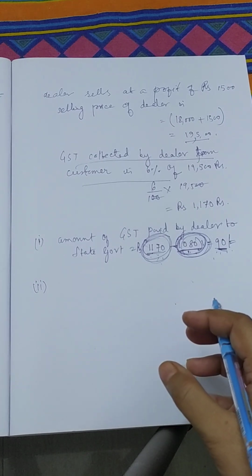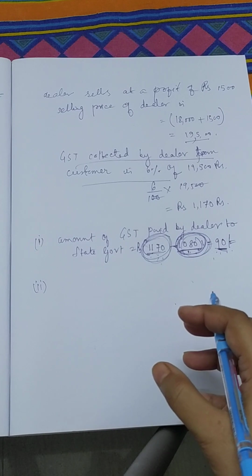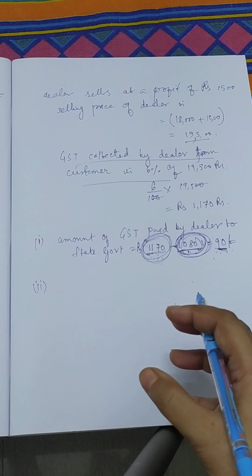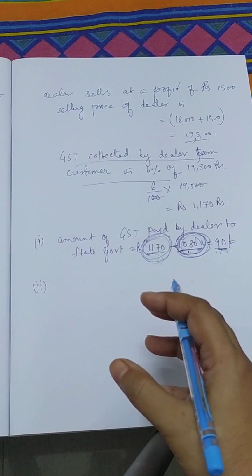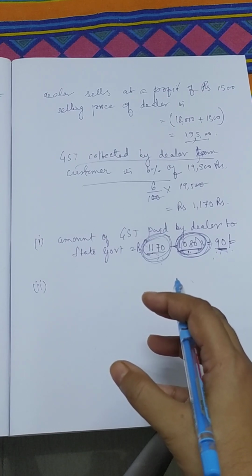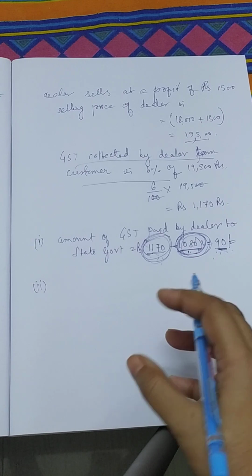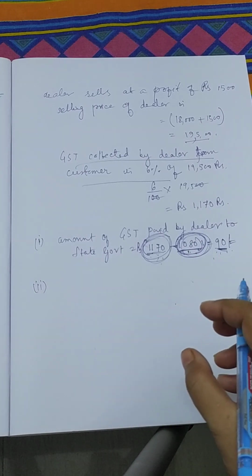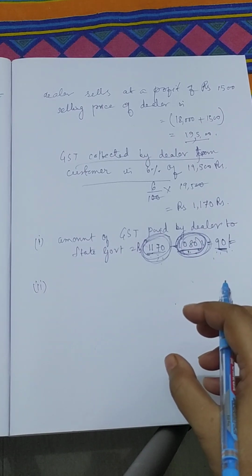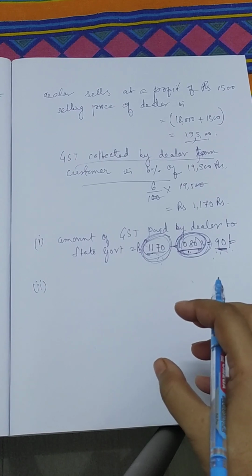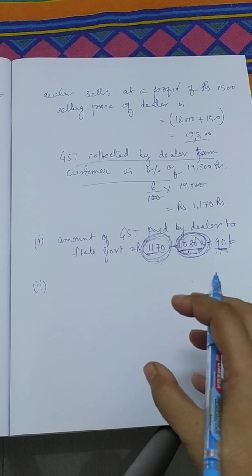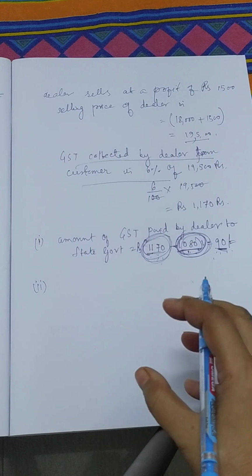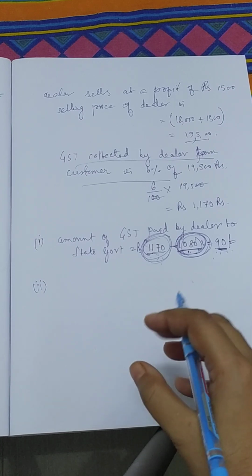Because every time we buy any product, we cannot separately pay GST to the government. If you look at the price tag, it is already written that it includes GST, right? So whenever we purchase things, the GST is added within the amount, that means the cost price of that product.